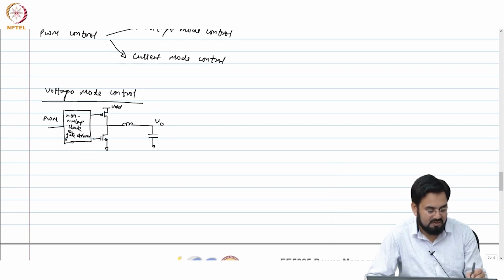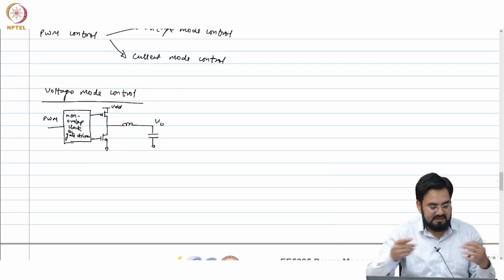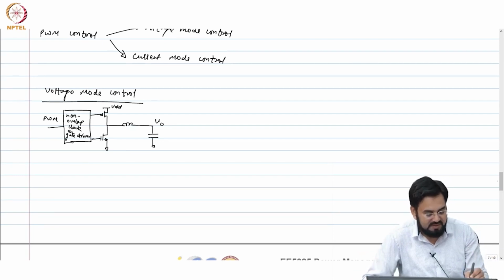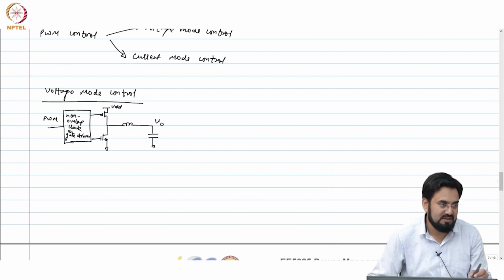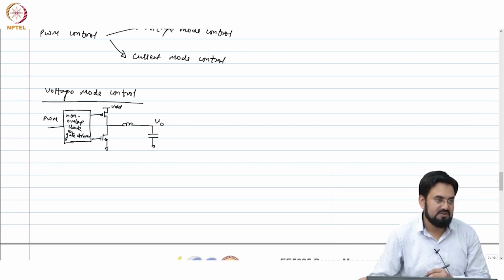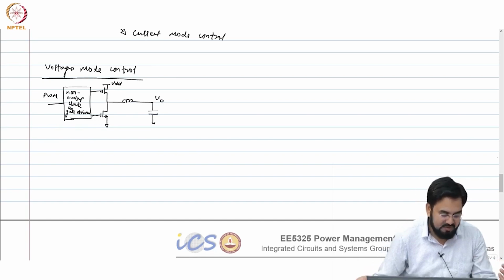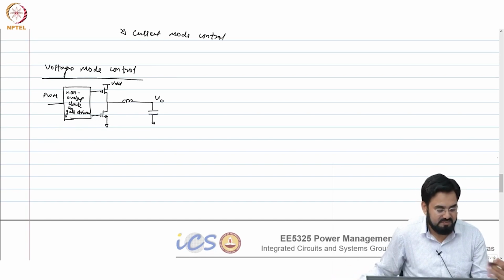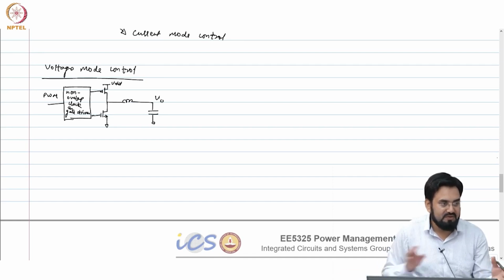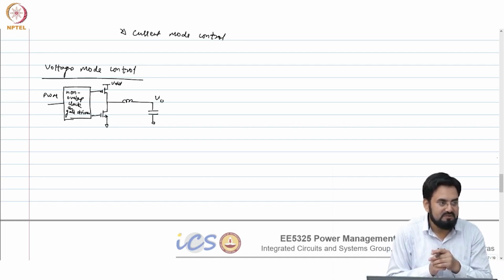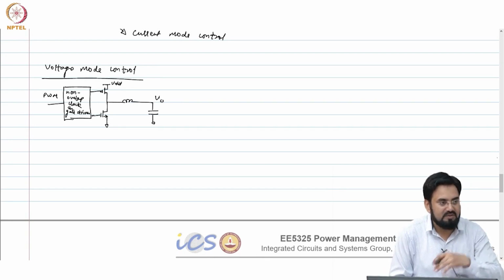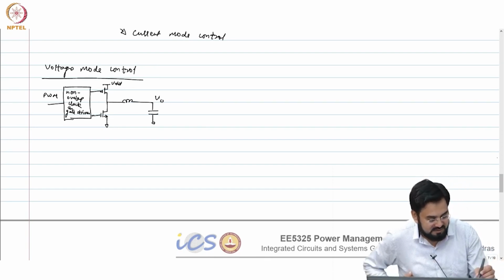So, it generates two clocks with a non-overlap, basically they are non-overlapping in the same polarity, because one is PMOS and the other NMOS. So, when this is high, this should also be high to turn it off. When this is low, the PMOS gate will also be low, so it will turn on the PMOS, but there will be no overlap. Non-overlap is also called break before make, which means before you turn on the other switch, you first turn off the current switch and only then you turn on the next switch.